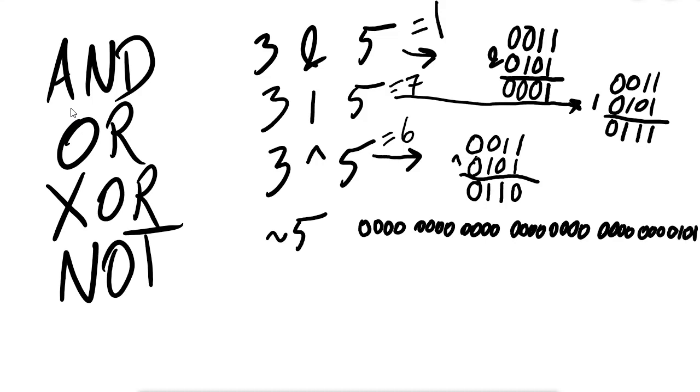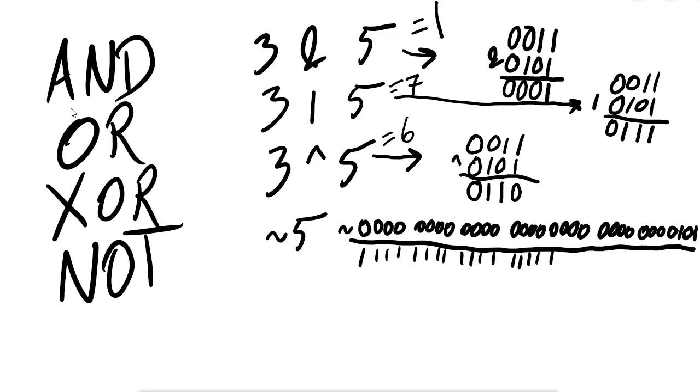Okay, so now if we do not on these bits, we simply flip them. Boom, boom, boom, boom. Right? We just change all the zeros to ones, and the ones become zeros. All right, easy.